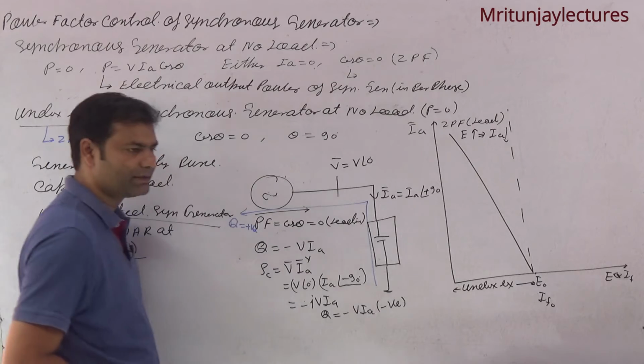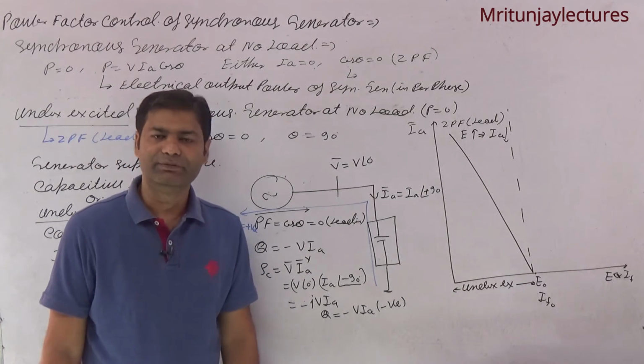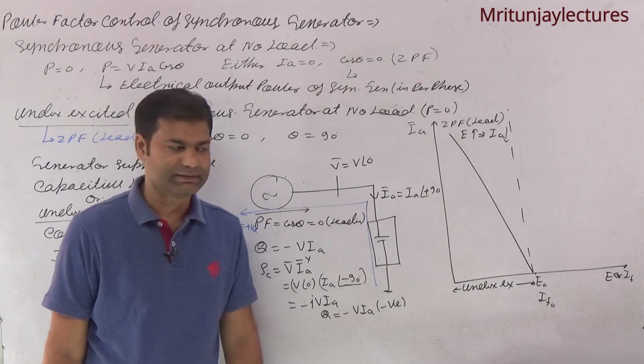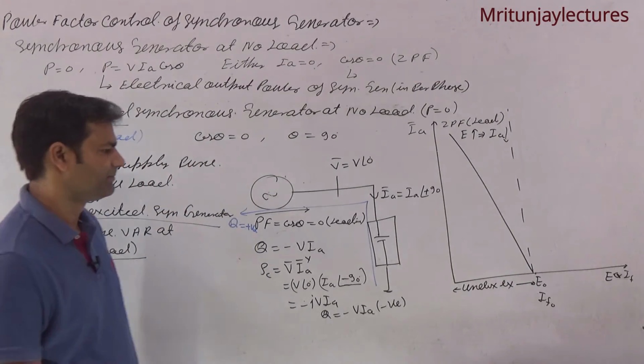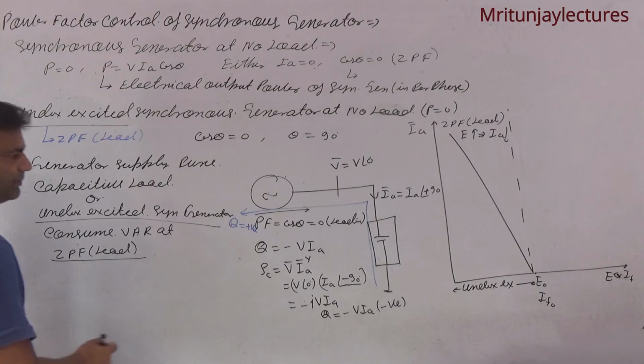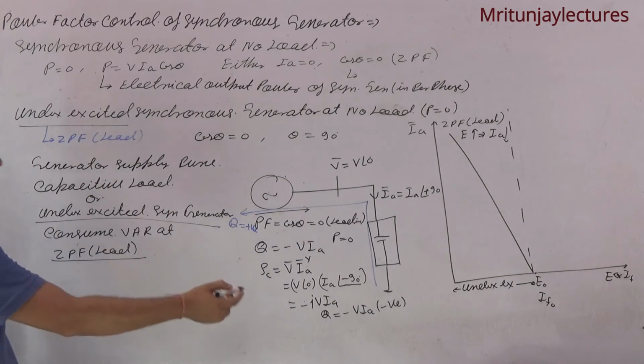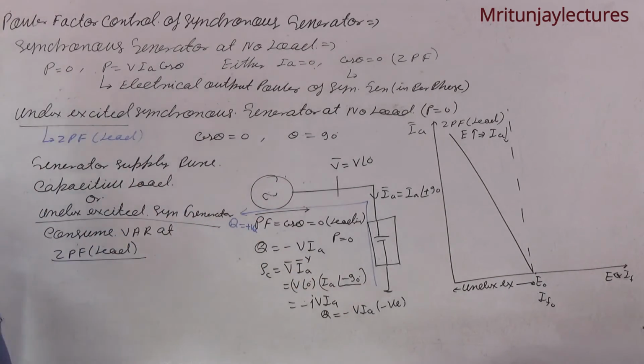Because in a pure capacitor also, I leads V by how much angle? Plus 90 degree. That's why it behaves as a capacitor. Now next one, P is 0. Here P is 0 and Q flows from load to generator. Clear?